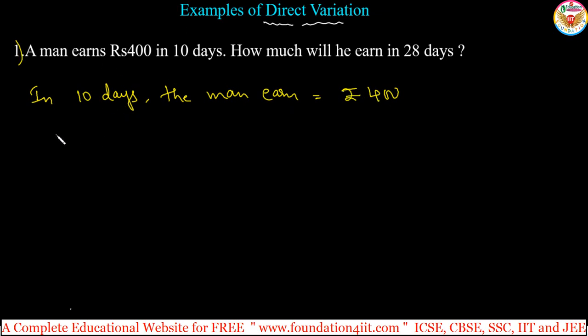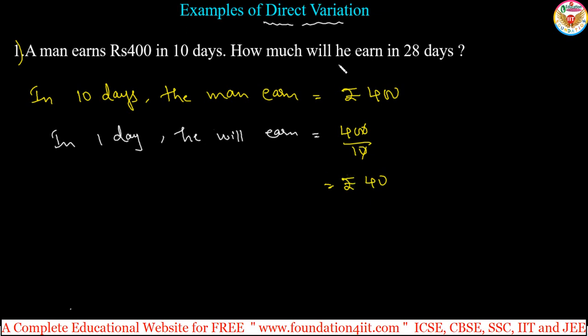In one day, he will earn 400 divided by 10, because in 10 days it is 400. 400 divided by 10 is 40. Zero, zero cancel. 10 ones are 10, 40. So he is earning 40 rupees per day.